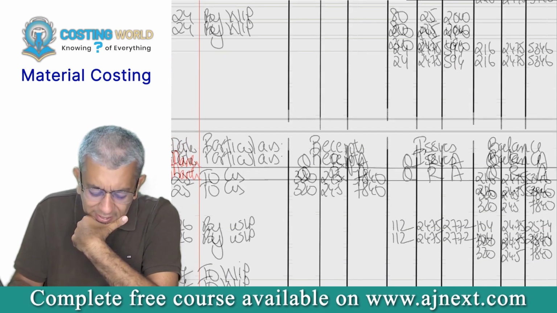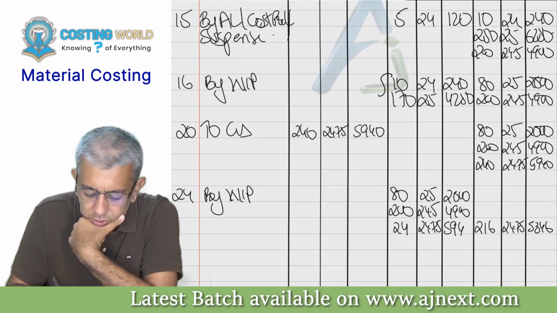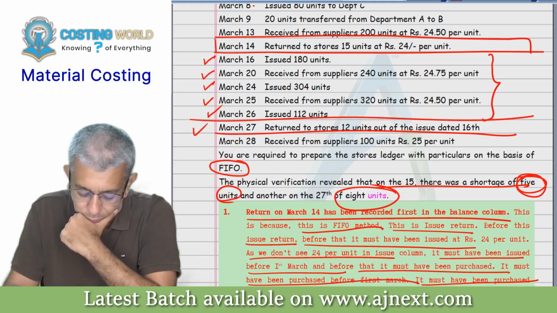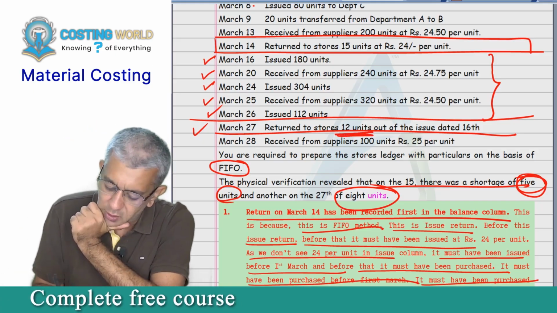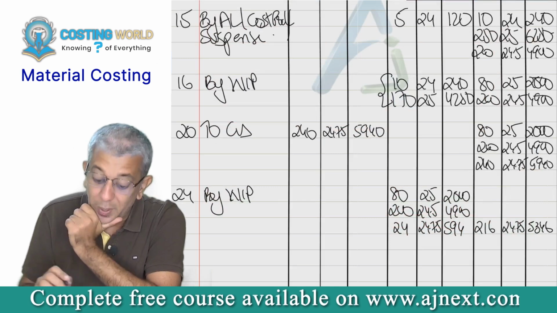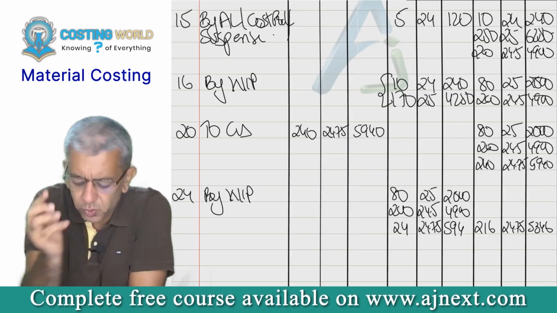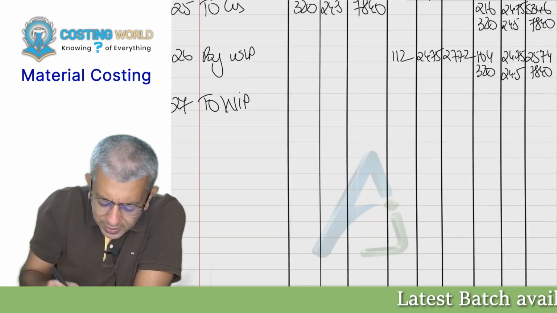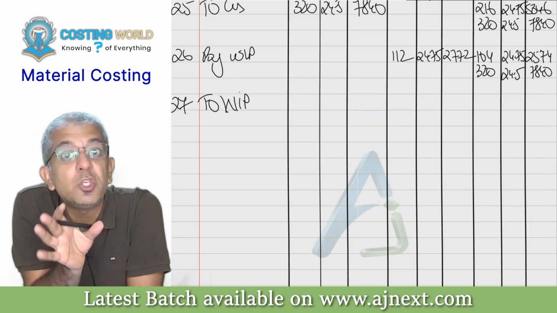So let's go back in time. On 16th, we have issued these two things. Now there is a problem. Return to stores 12 units out of the issue dated 16. Now, one thing, beta: FIFO-LIFO will not apply over here. FIFO-LIFO applies to the issues side.